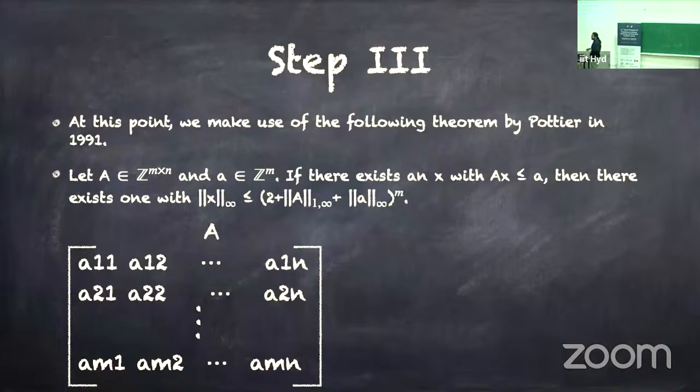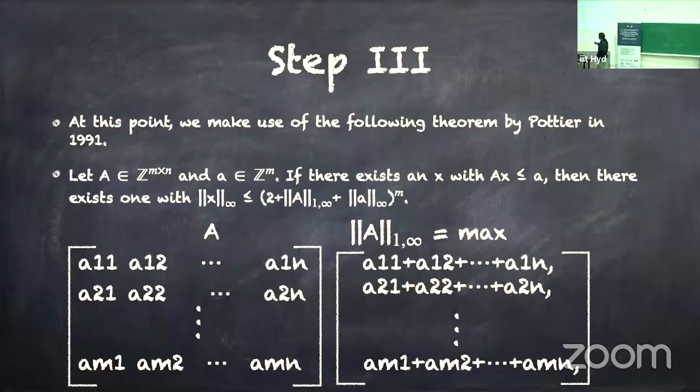The infinity norm of a vector is nothing but the max of all its entries, and the 1-infinity norm is nothing but the max of the sums of all the rows, so the max of a11, a12, up to a1n and so on.